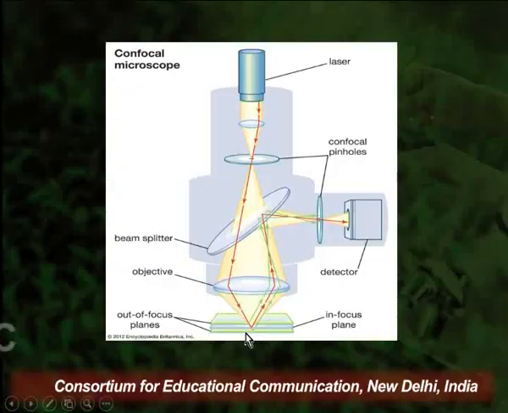So as far as confocal microscopy is concerned, the structure which we use is nothing but a modification of fluorescent microscopy, where, you can understand this with the help of a diagram, a pinhole is used to focus the light, and by using a pinhole, the focused light is incident on a specific plane.